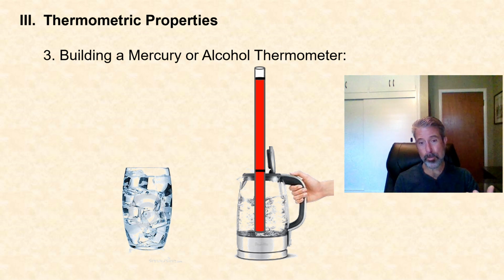The cheap ones will just stick a scale on the outside, paste it on there, but your better ones are actually calibrated with these two temperatures in mind. So you can know exactly where the 0 point is on your temperature scale, and you can know where the boiling point of water is on your temperature scale.